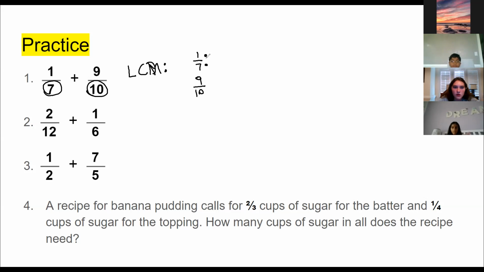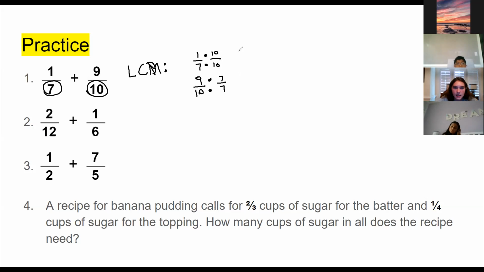I don't know if you guys use dots, but I use dots as multiplication symbols. So 10 over 10, wait, whoops, that's not right. Sorry, I meant 7 over 7, and then 10 over 10.